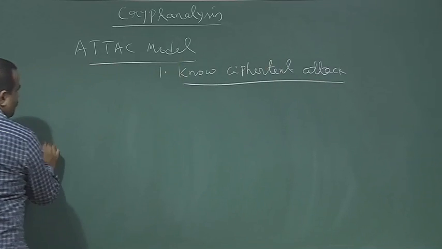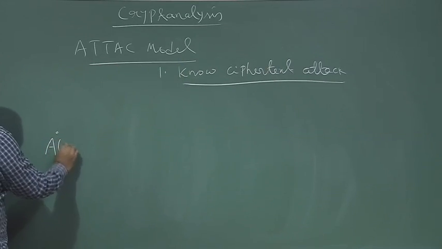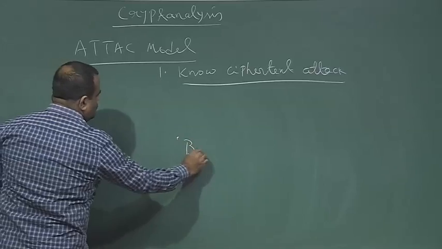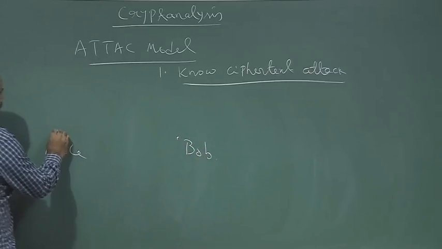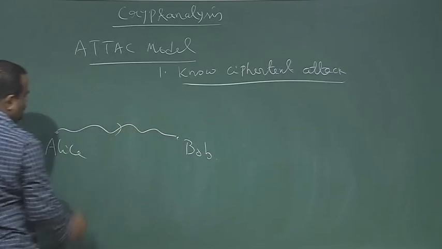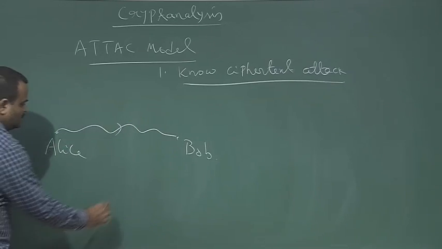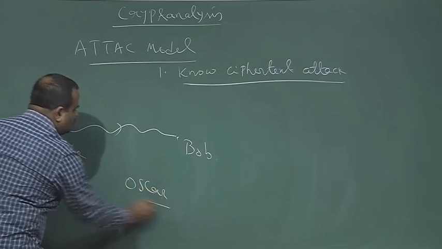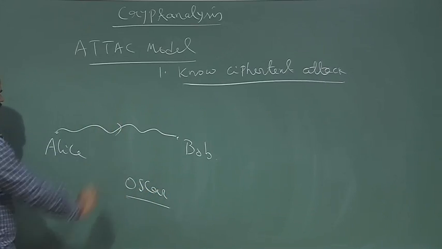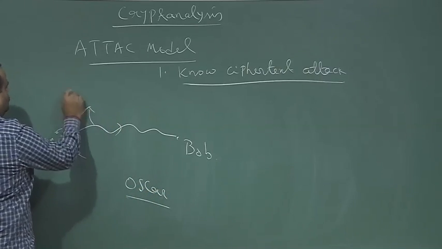So Alice and Bob are communicating over a public channel, either by symmetric key encryption or by public key encryption, and Oscar has access to this public channel.